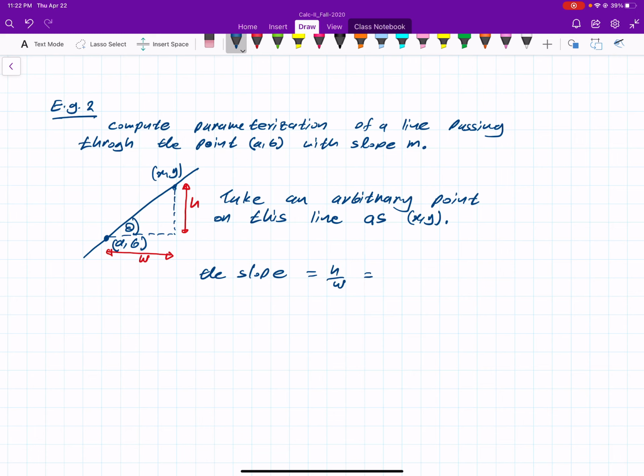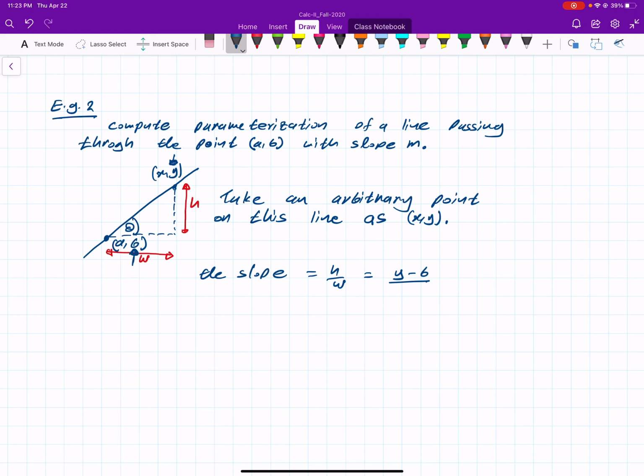The height should be y minus b, because you just subtract the y coordinates: this is the y coordinate of this point, and that is the y coordinate of that point.